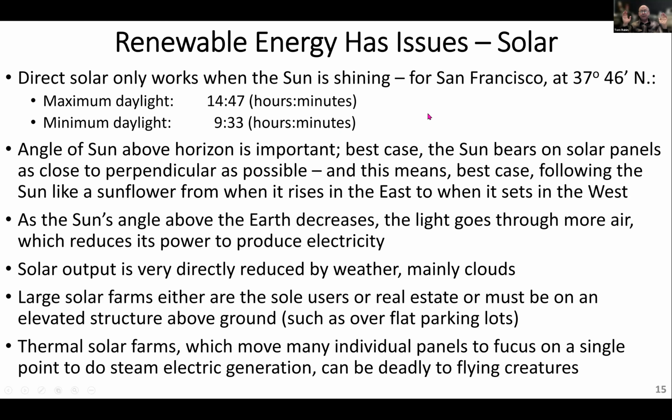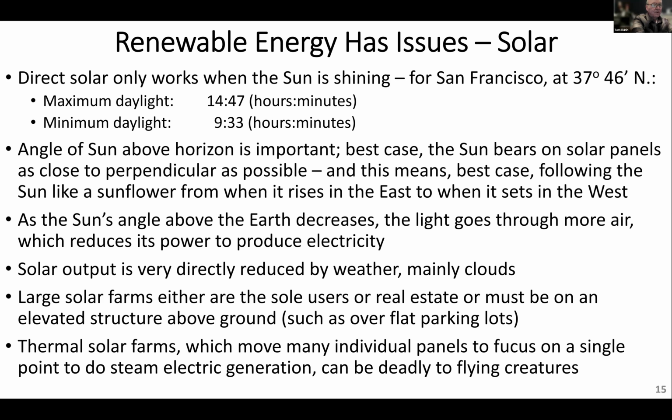Also, to get the most value out of the sun, you want to have your panels with the sun coming in at the perpendicular, exactly 90 degrees, and that's ideal.